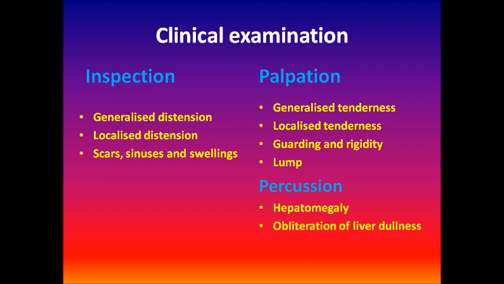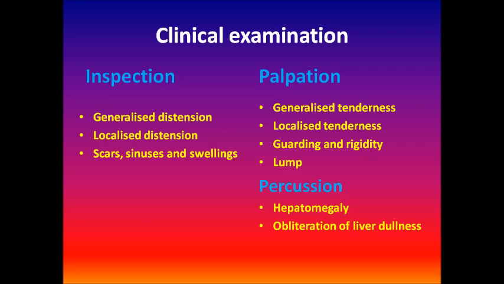Scars, sinuses, and swellings have to be noted. During palpation, the generalized tenderness has to be noted, or whether the tenderness is localized or not. Guarding and rigidity have to be noted because they indicate peritoneal involvement. A lump has to be felt well and defined.